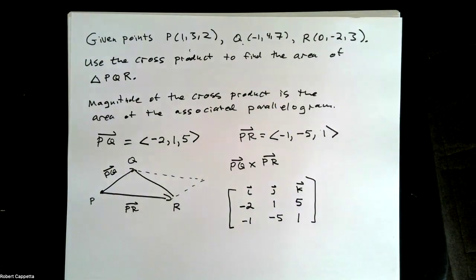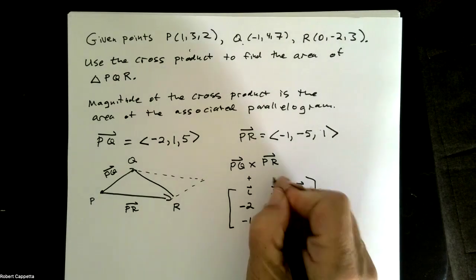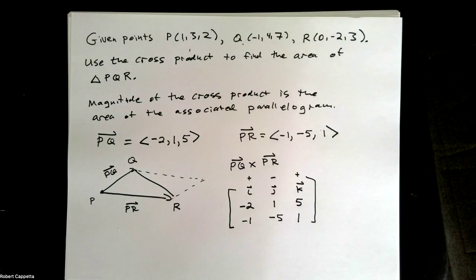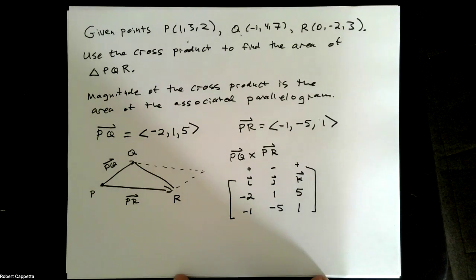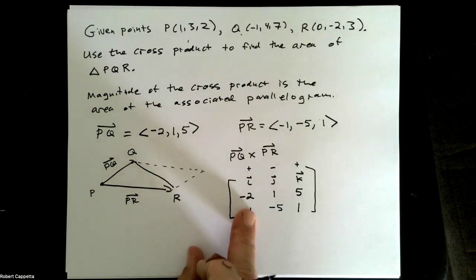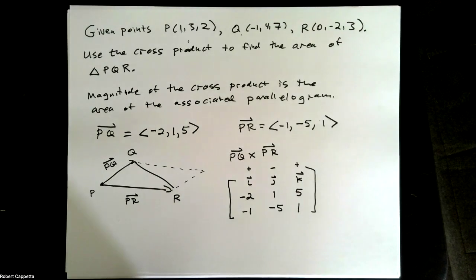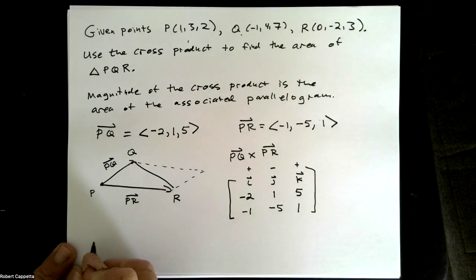And then we have to remember across the top, our multipliers are plus, minus, plus as we expand along the top row. So what will PQ cross PR be? Well, it's plus i times its minor, minus j times its minor, plus k times its minor. So what will that be?